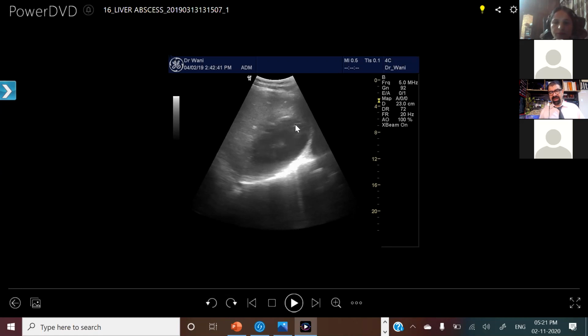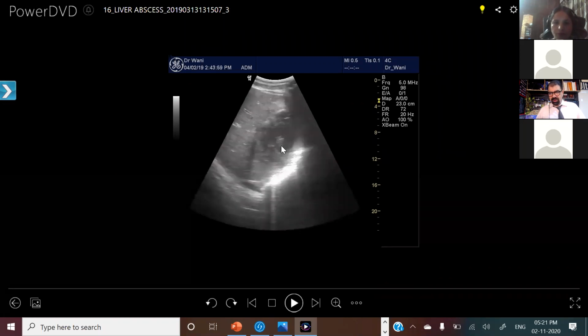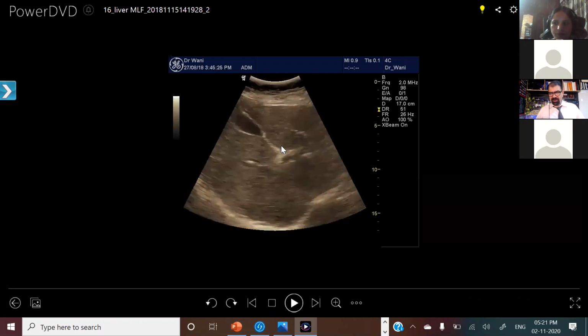Unless I have more black and very little of this gray shade, there should be more jet black. Unless I see that the area is liquefied, don't put the needle. Even if you put a needle, you will not be able to aspirate. So these are the things.